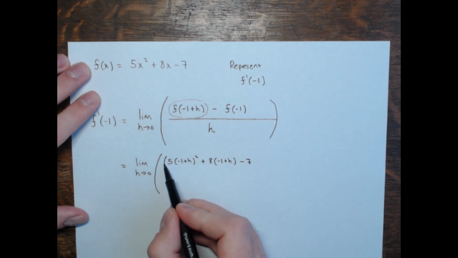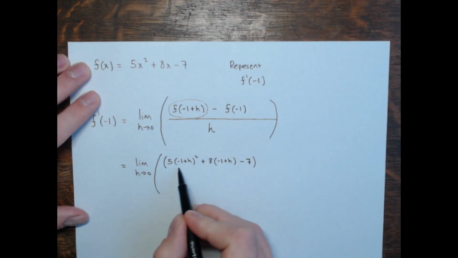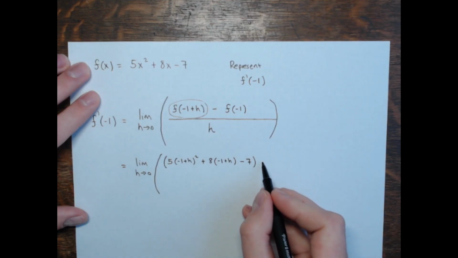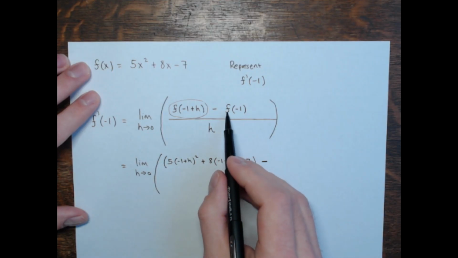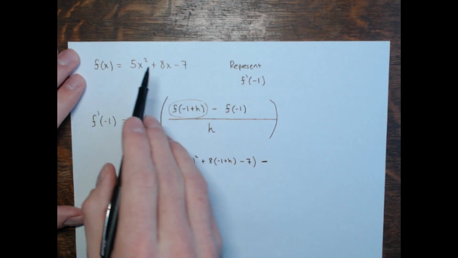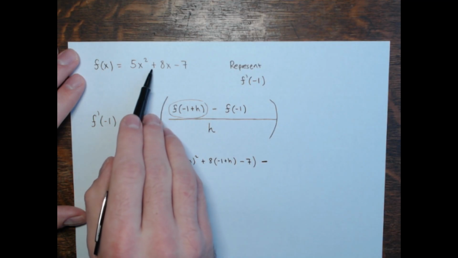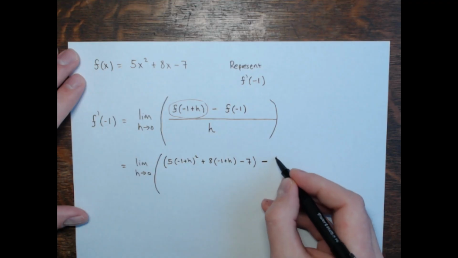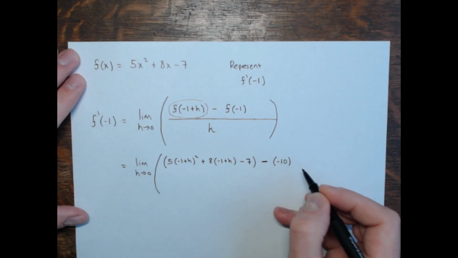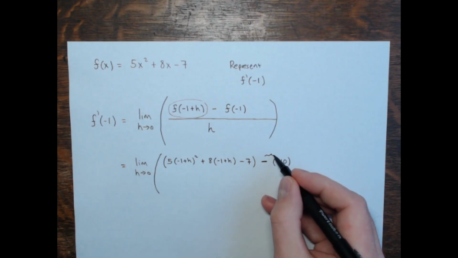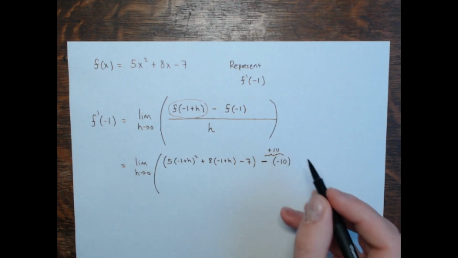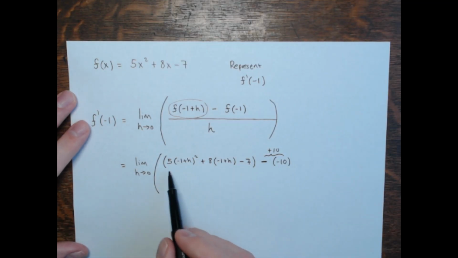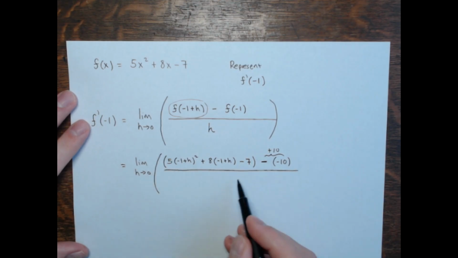Maybe put this in parentheses or brackets so you know this whole thing is f at -1 plus h. Then minus the value of f at -1, which would be 5 plus -8, so -3, minus 7 would be -10. So I'm just going to call that plus 10.